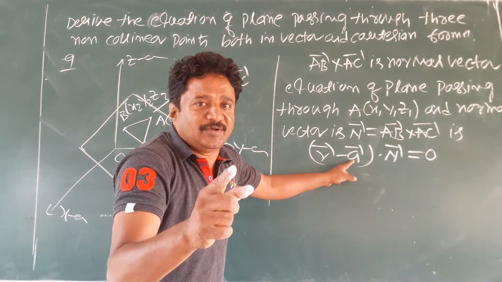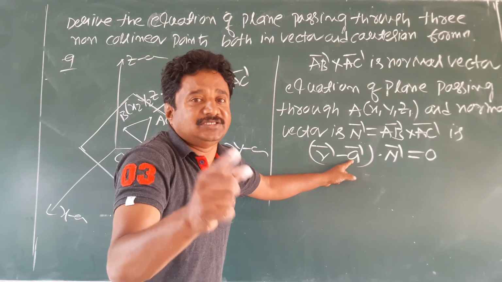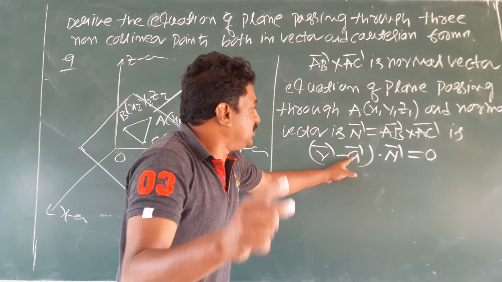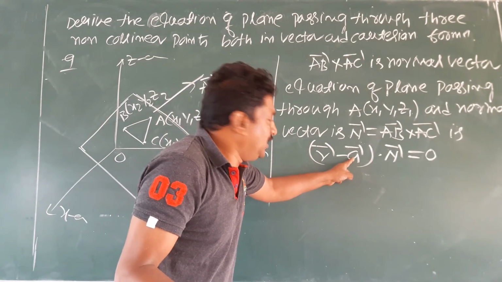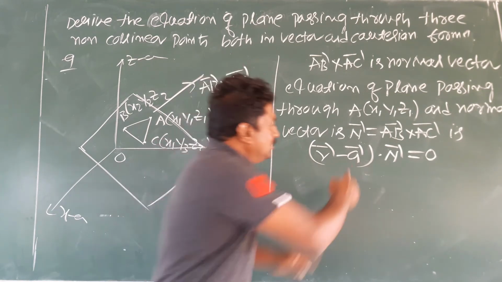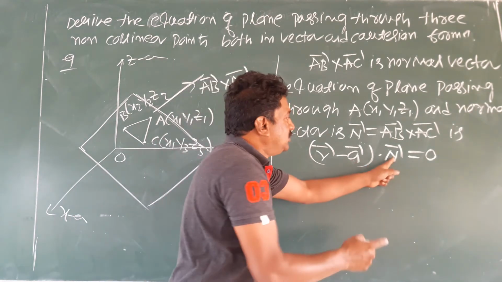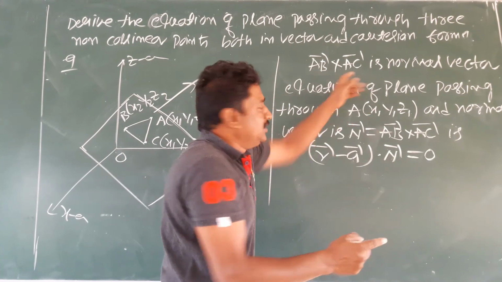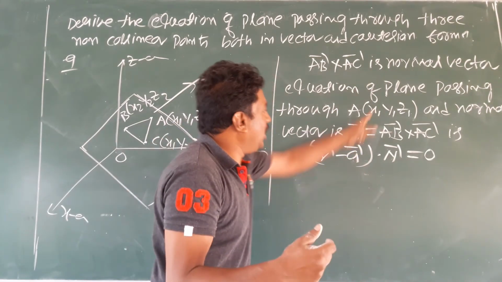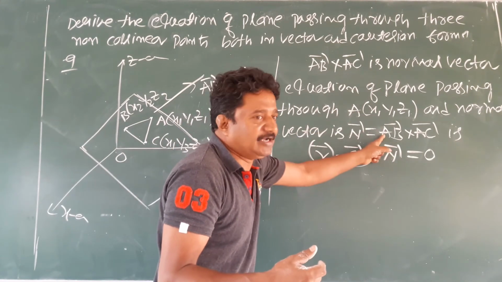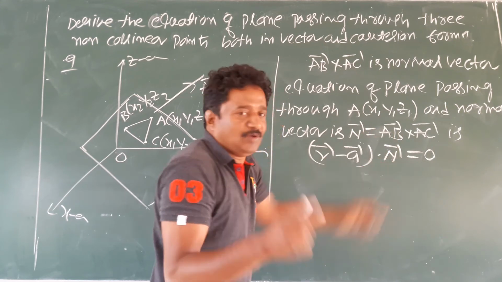In the second derivation, the plane passes through the point x1, y1, z1, which represents the point, and this represents the normal vector. Here in this case we have both the point as well as the normal vector. Just substitute in that, and you are going to get it.